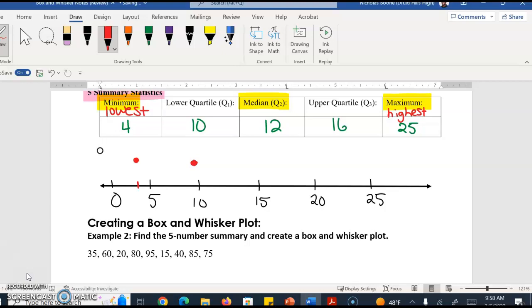So we can say 12 is maybe about right here. So this is just an estimate. So we can say 12 is there. We also have 16 as our Q3 or upper quartile. And then last but not least, we have 25 with our highest value. Okay? And then we're just going to make the box and whisker. So we're going to make our whisker.